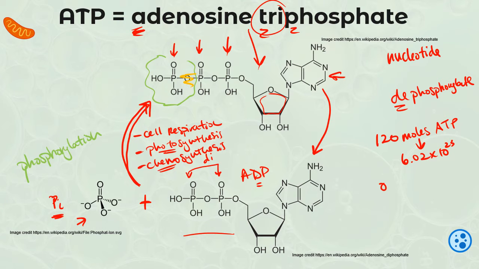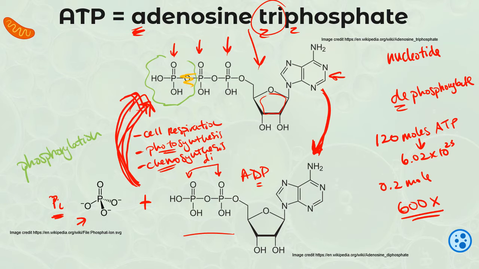But what's cool is that we only have about 0.2 of a mole of ATP in our body at any given point, which means that this process of dephosphorylation and then rephosphorylation, this process of ATP to ADP back to ATP has to happen just about 600 times for every single one of our ATP molecules every single day. That's crazy. That's the job of cell respiration.